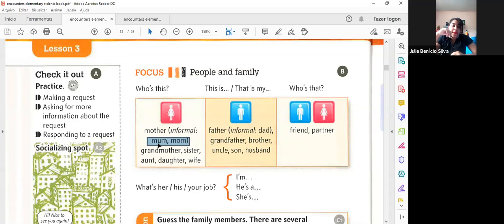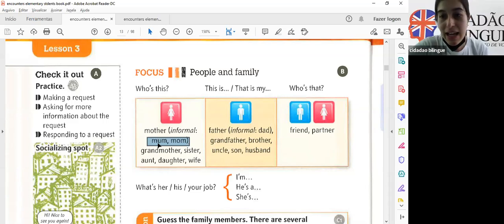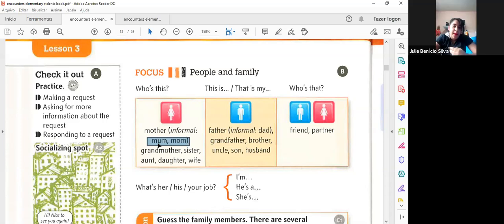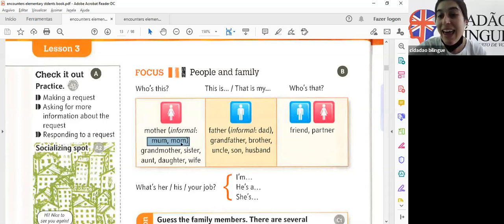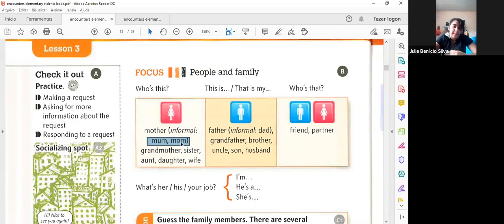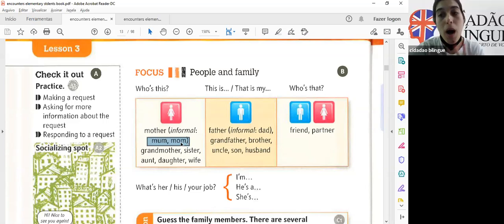The difference is that the O is supposed to be more closed. Okay, it's not so different, you don't have to worry about that. Não é tão difícil, vocês não têm que se preocupar com isso, ok?